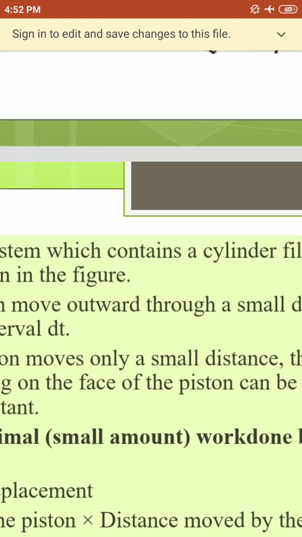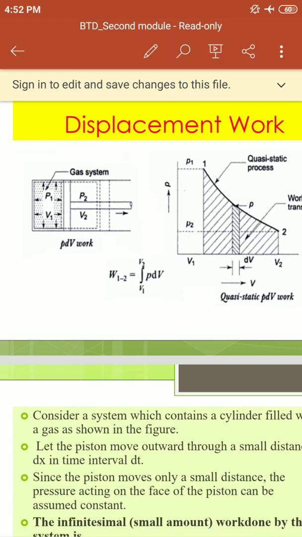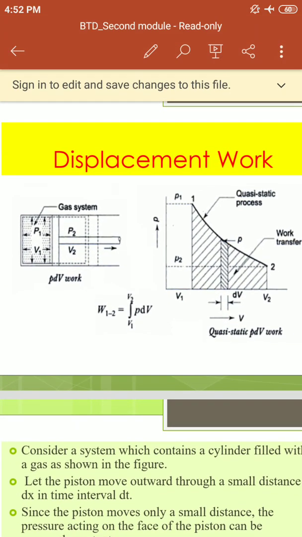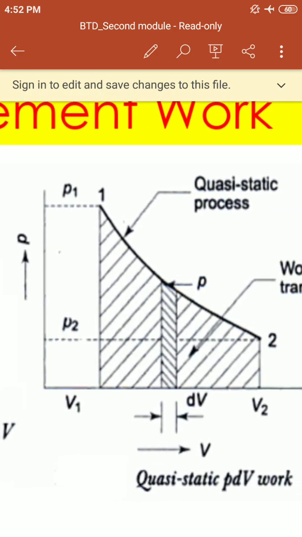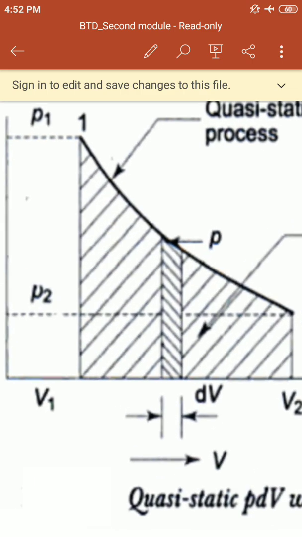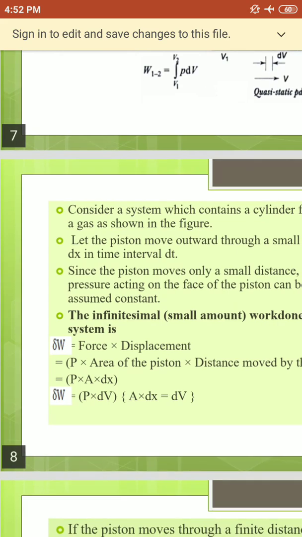Since the piston moves only a small distance, the pressure acting on the face of the piston can be assumed constant. From P1 to P2 the pressure decreases, while the volume increases from V1 to V2. From that we have to find the work.